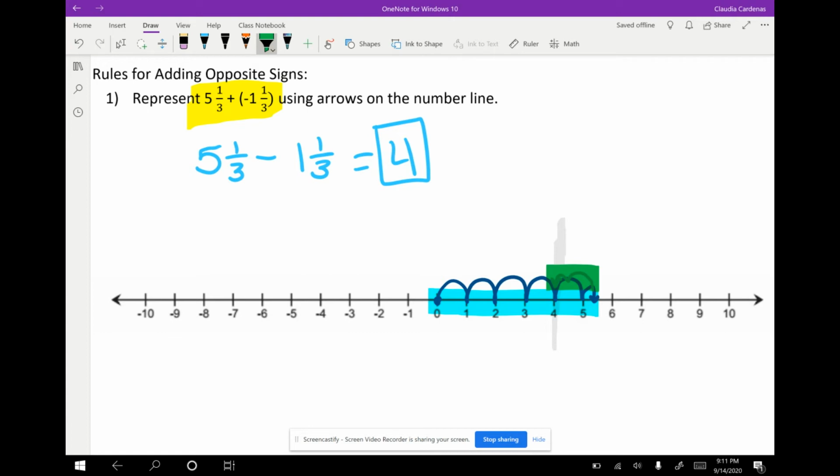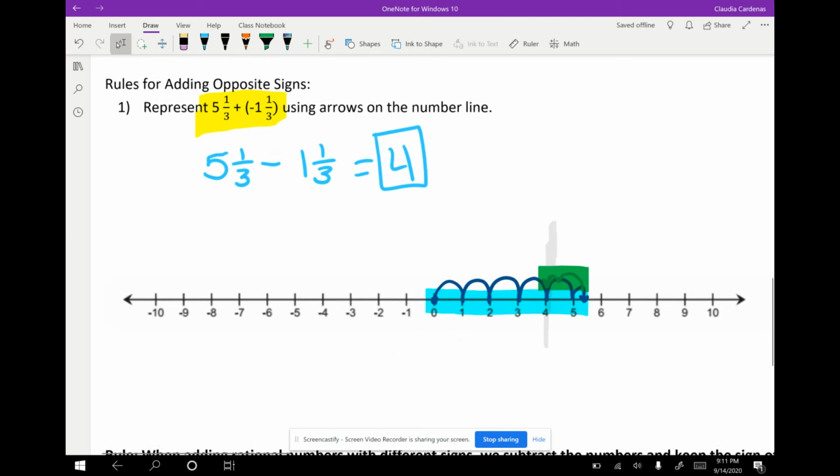Okay, so there were more jumps that needed to happen for our answer to end up being way over here on the positive side, right? They had to go even past the negative side of the number line. So what rule can we make about adding numbers with different signs?